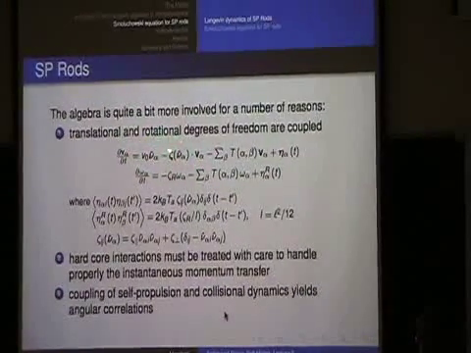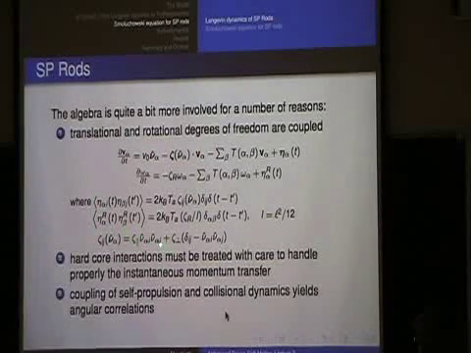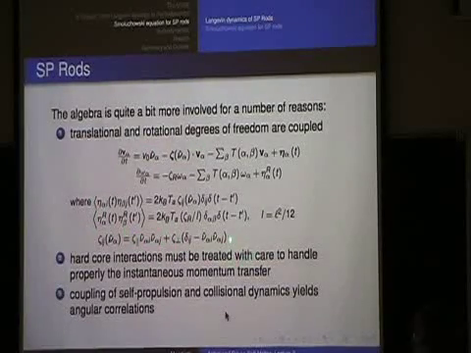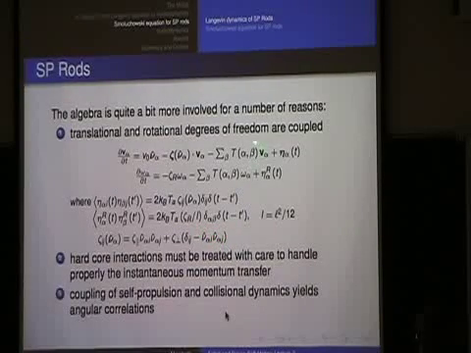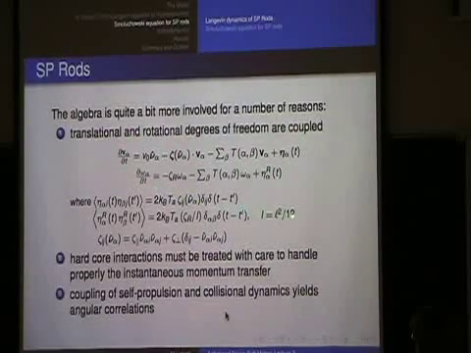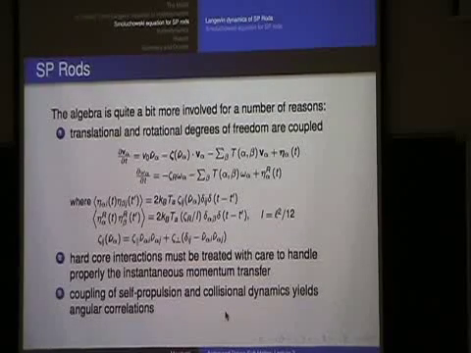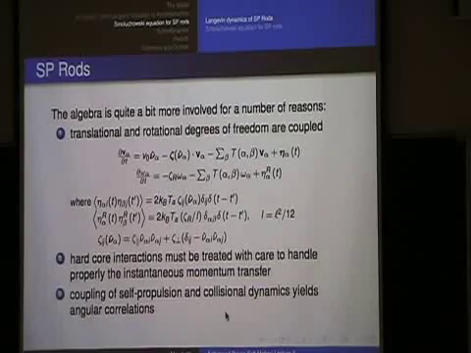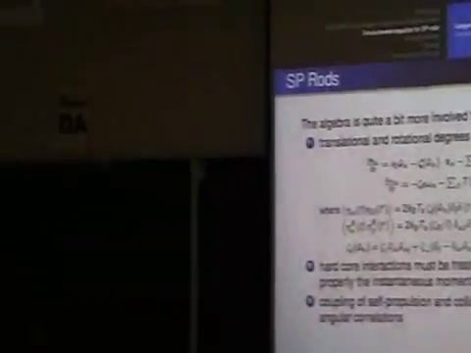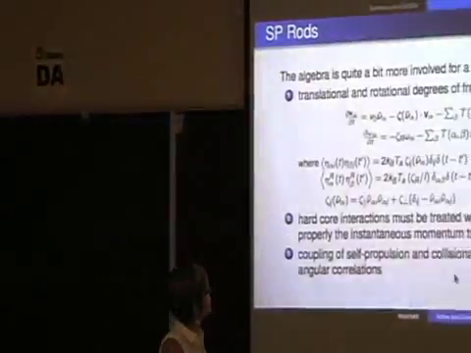Here is the friction, which is now a tensor, because it's different along the direction of the long axis of the rod and then transverse to it. I have interactions, which are written this way. I'll tell you why in a minute. And I have noise. And then I have an equation for the rotational degree of freedom. I didn't write that there, but omega alpha is the rate of change of the angle of the rod. It's the angular velocity of the rod.